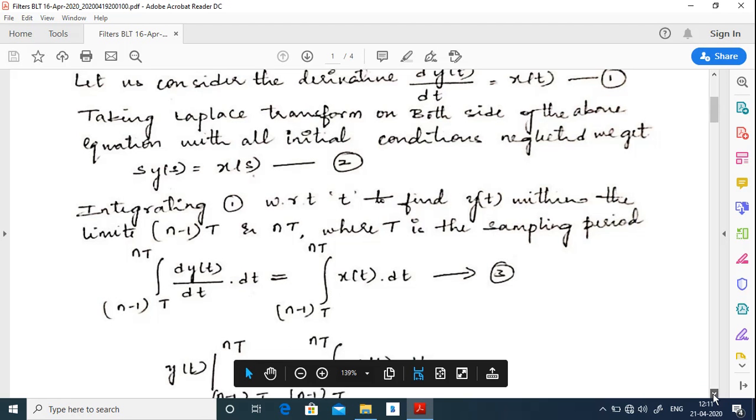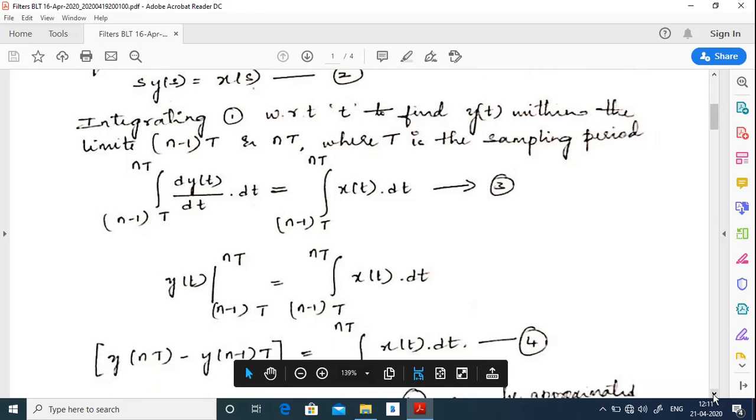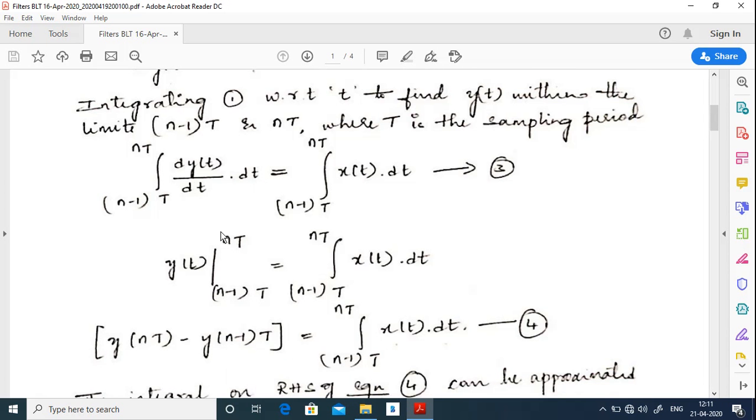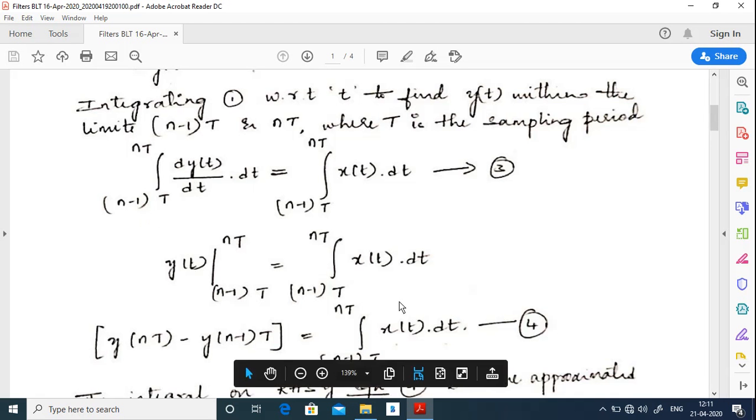Call that equation number 3. Now I'll apply integration. What is the integral of dy(t)/dt with respect to dt? It is y(t), with limits (n minus 1)T to nT. The RHS I'll keep as it is.